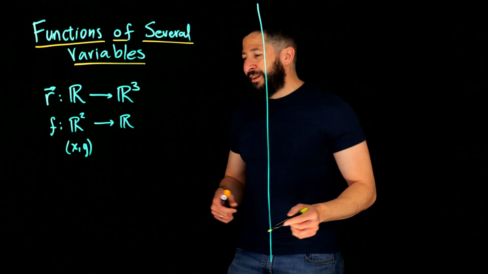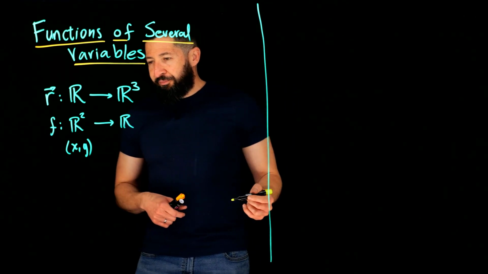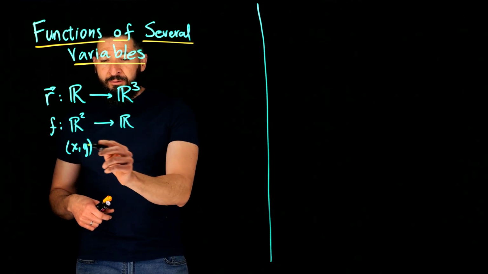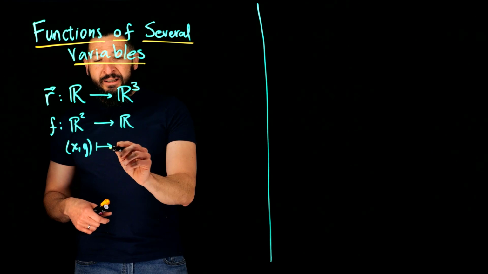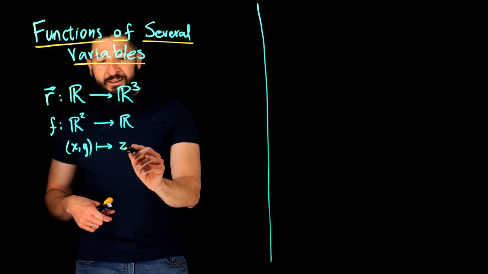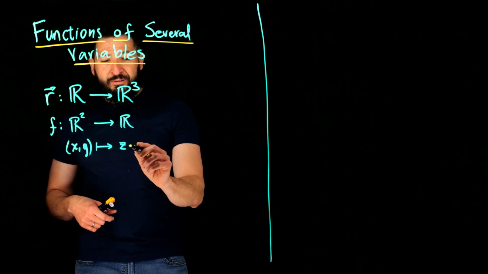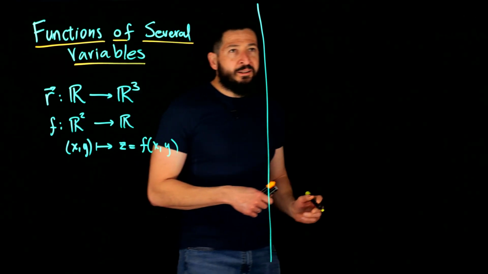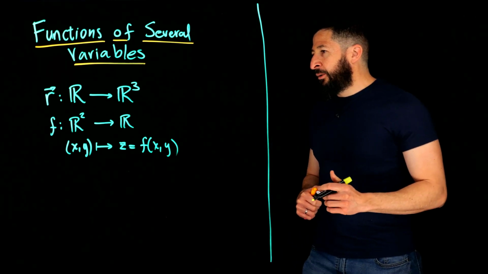The ideas are all the same anyways. You take an ordered pair x, y of real numbers and assign it a value z, the next coordinate, which is a function of x and y.